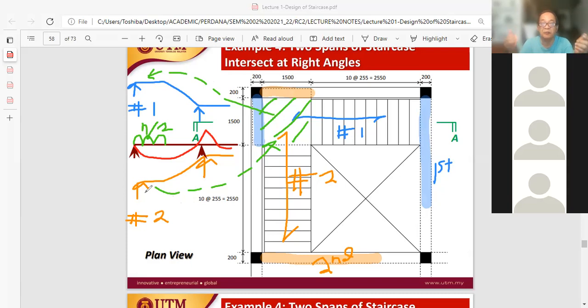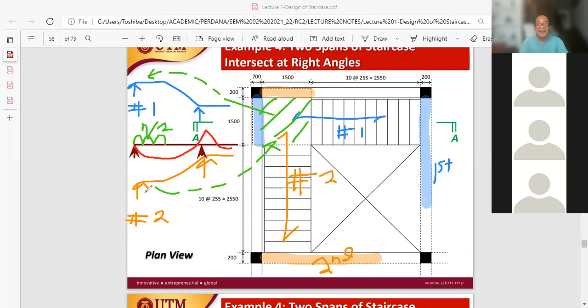And if these 2 flights of staircases are sharing a single landing, then the loads on the landing for flight number 1 is half the actual loading. And similarly, the loads pada landing on flight number 2 will be half the actual value. And that is the main focus for example number 4.